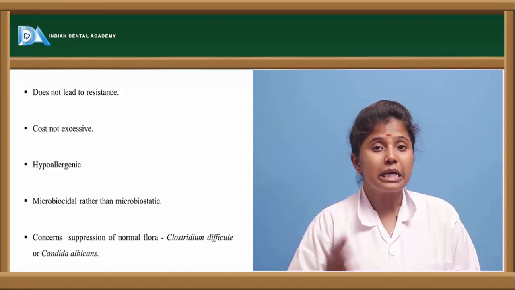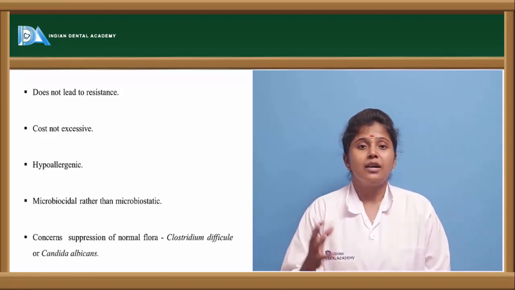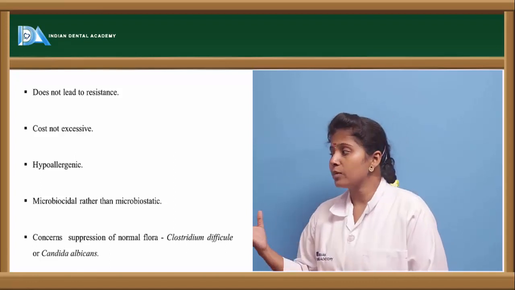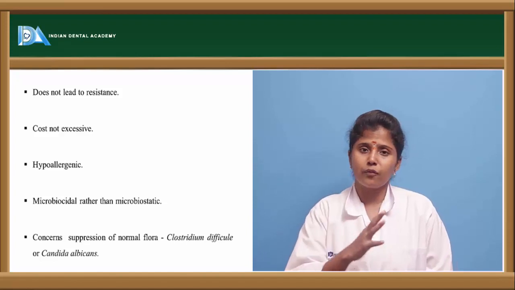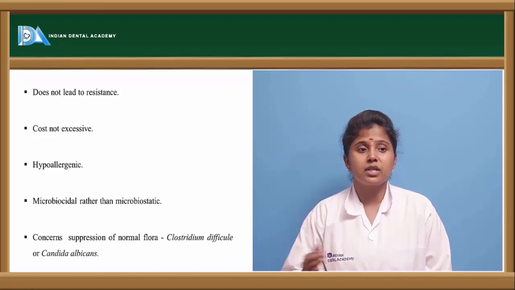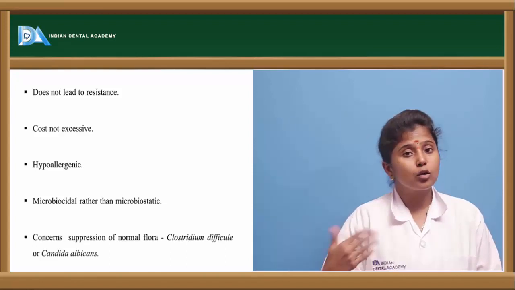In the sense, it should kill the microorganism rather than just inhibiting its growth. If an antibiotic is microbiostatic, it inhibits the growth for now, but once we stop taking the antibiotic, the microorganism can grow again.